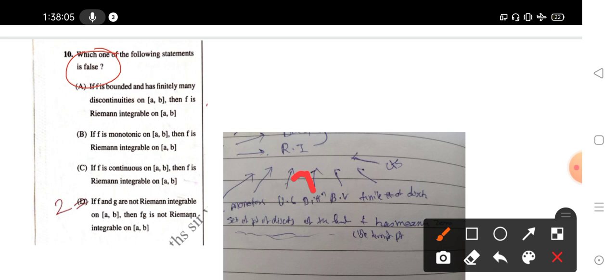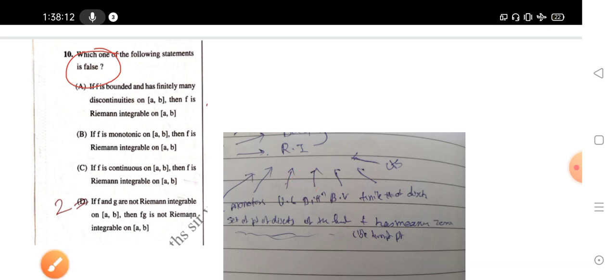And if the set of points of discontinuity of a function f has measure 0, then it is also Riemann integrable. And if the set of points of discontinuity has a countable number of limit points, then it is also Riemann integrable. This is important. Here in option A, if f is bounded and has finitely many discontinuities on [a, b], then f is Riemann integrable.